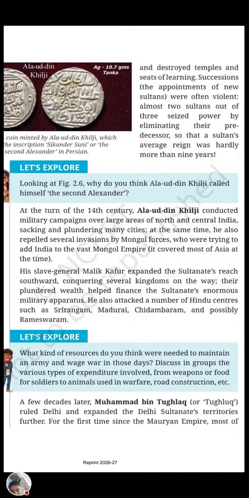Whatever you also can write with me: the resources used for the military campaigns of Alauddin Khilji, or the warfare, were as follows.